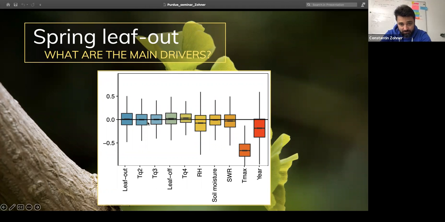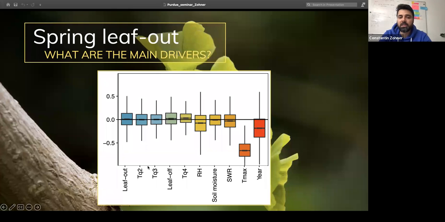If we look at all these box plots, we see that spring temperature by far has the most important effect on leaf out. While it might be true that there are other drivers that play a role, so far spring temperature still seems to be the main driver that we need to focus on.